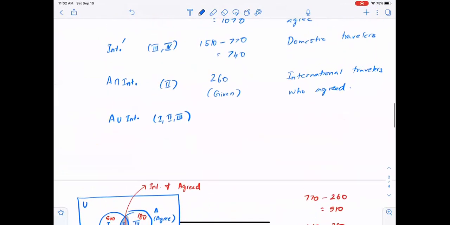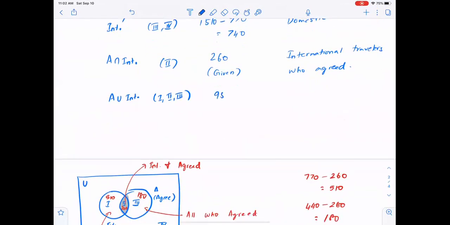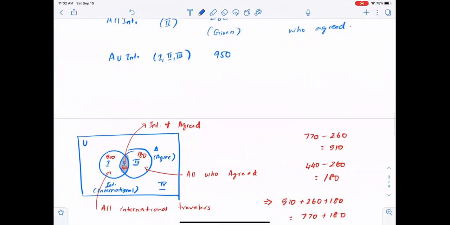And we have 950. What will that correspond to? All international travelers and all who agree. So total number of all those who agreed.